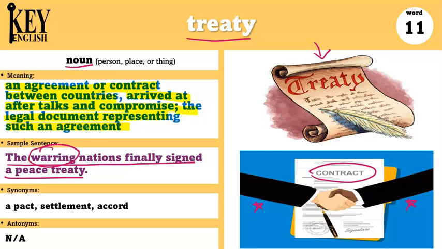And they finally signed the treaty that says they will stop fighting. So a treaty is just something that two countries agree on. They both think we should do this and they decide to do it. Some synonyms of treaty are a pact, settlement, and accord. And there are no antonyms for this word.